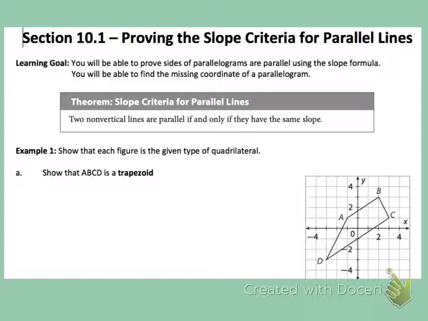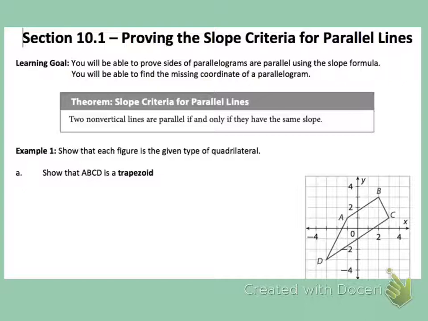We studied that back when we looked at writing equations for parallel and perpendicular lines in an earlier module. So in order to have a pair of parallel lines in a quadrilateral, those lines would have to have the same slope. And you could verify that they had the same slope if they existed in the coordinate plane.